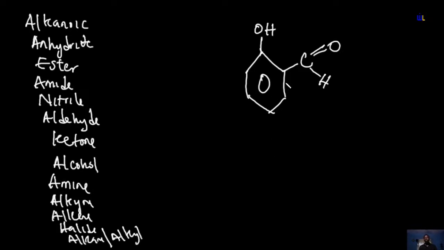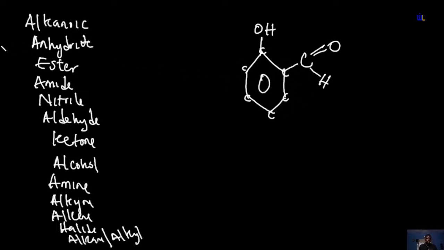Note, they did not say you should allocate locants to the carbon of the functional group. The locant you are allocating is to the carbon atoms of the benzene ring.